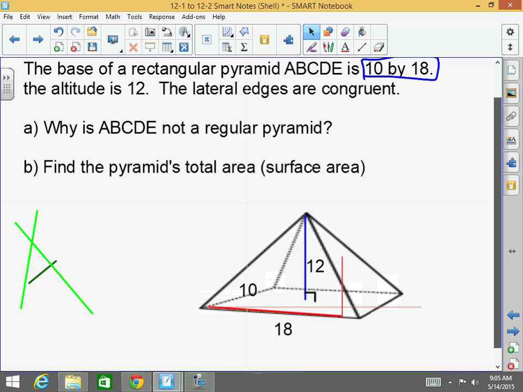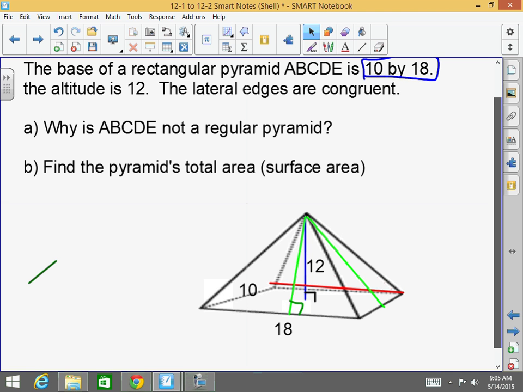This is my slant height. I can make a slant height over here as well. The slant height makes a 90-degree angle with the face. You with me here, guys?